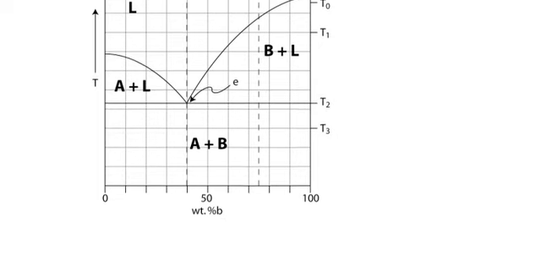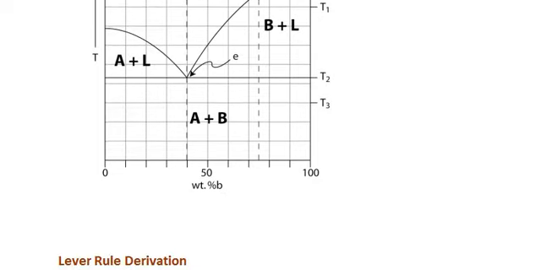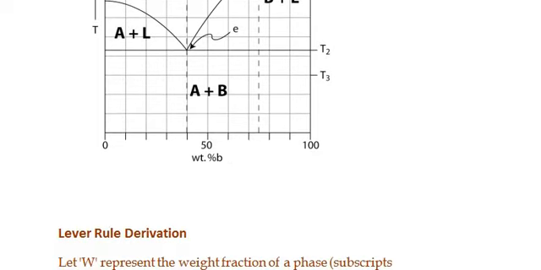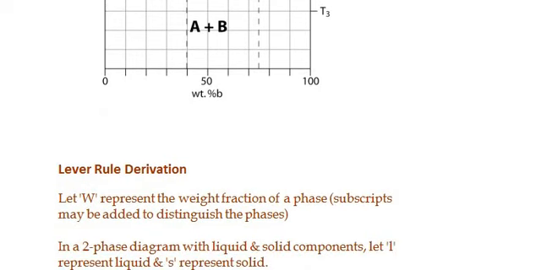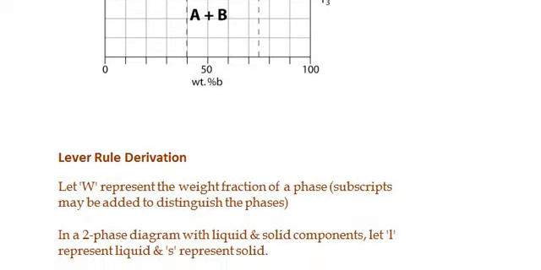Now, before we dive into the lever rule derivation, let us first identify some of the parameters we are going to use. For example, let W represent the weight fraction of a phase, and we can use subscripts to distinguish between the phases, for example the alpha phase, the L phase, or the S phase.